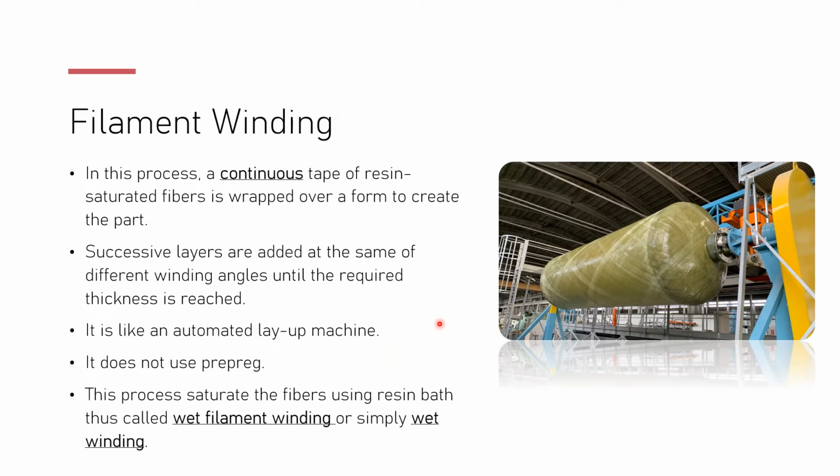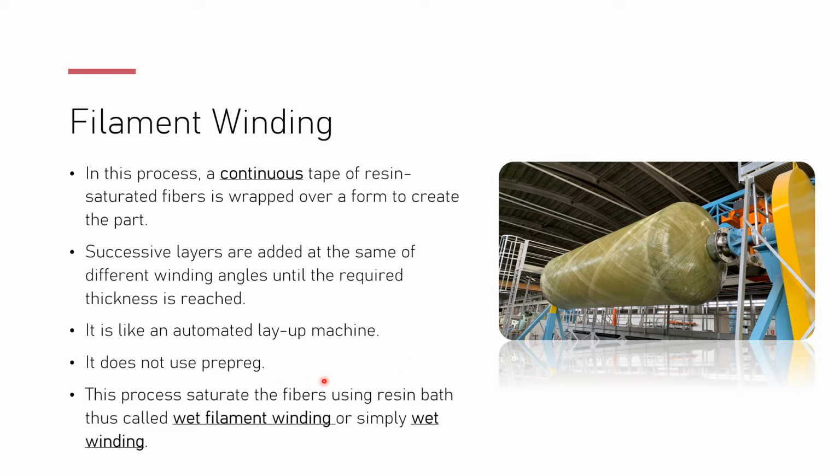Filament winding. In this method there's a continuous tape of resin-saturated fibers, and it's wound over a form to create the part. Successive layers are added at the same or different winding angles by the machine until the required thickness is reached.